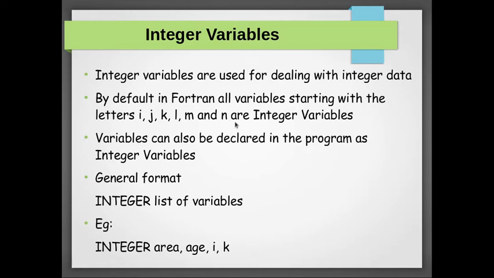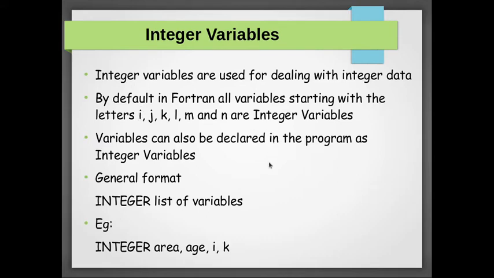So during the course of writing the program or compiling or running the program, let me say I have named a memory location as I, and if I supply a data with a decimal point and store it in this memory location named I, the data will be automatically converted into an integer kind of data.